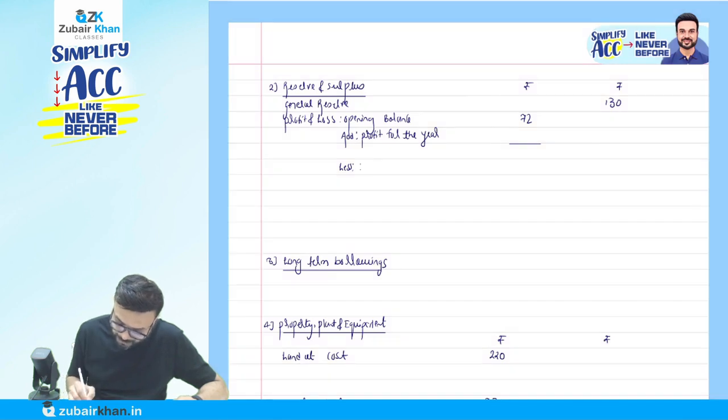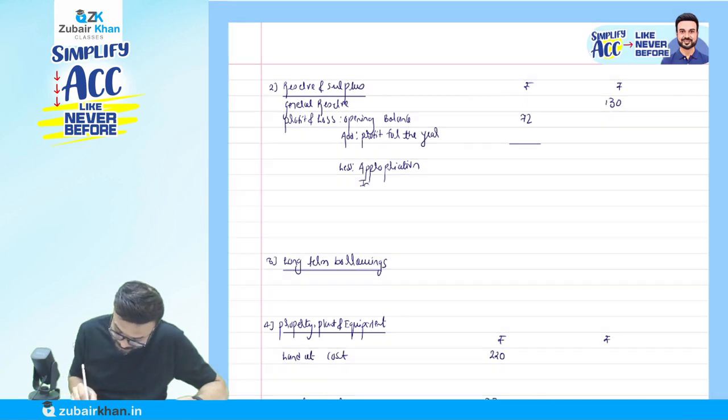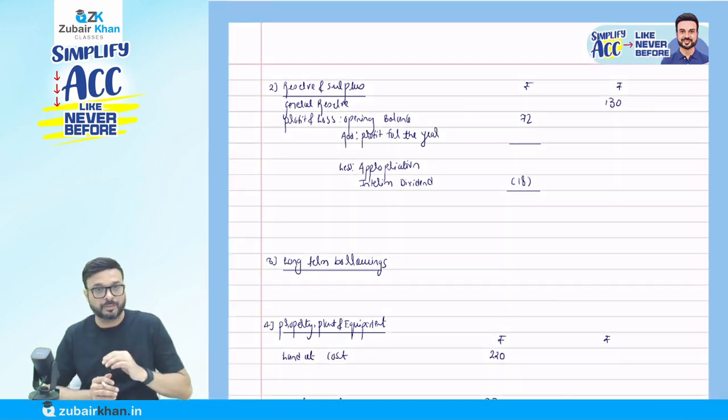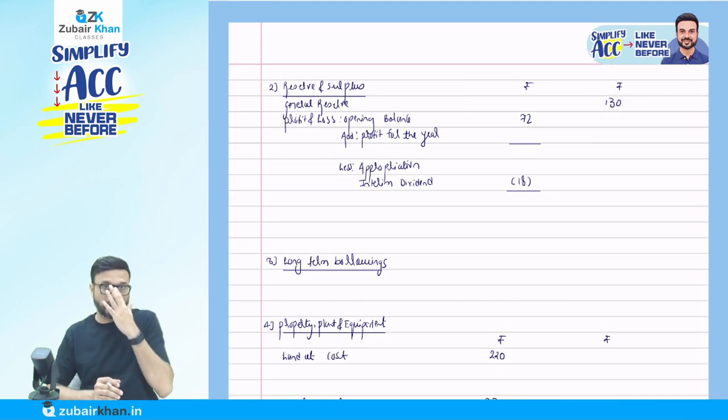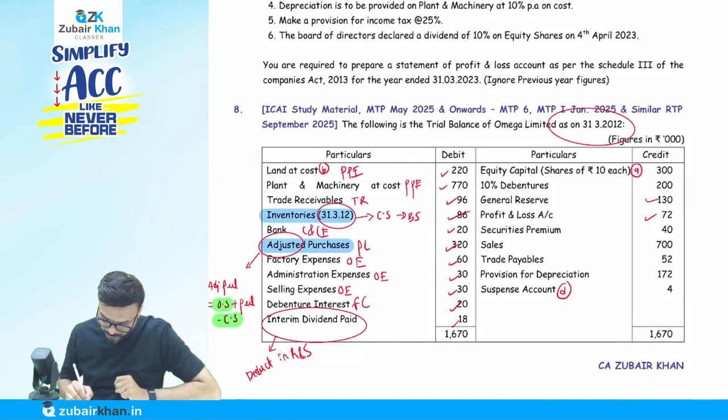Appropriation means distribution of profit. Give the heading appropriation, and under appropriation we'll write interim dividend. We'll write it in an outer column later on when we find out the profit for the current year as well. Okay. So how much dividend have we paid? 18. So that is going to be deducted from reserve and surplus instead of showing it in P&L account as per schedule 3.